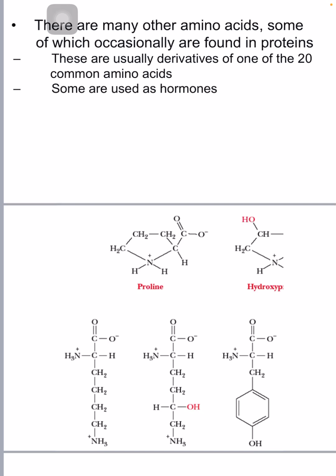Proline, for example, they should give you the structure of proline, right? But there's also a very similar one called hydroxyproline, and the only difference between those two is that an OH group is located on one of your carbon side chains. All right, not commonly found in proteins, but it can occasionally appear in certain proteins in small amounts, and that extra OH can contribute to the properties, right?